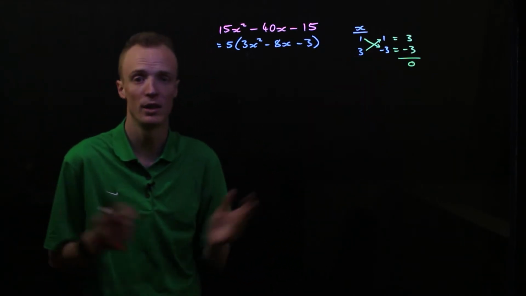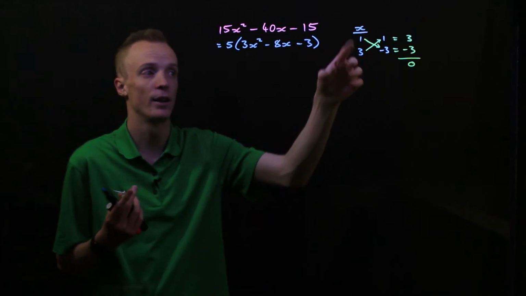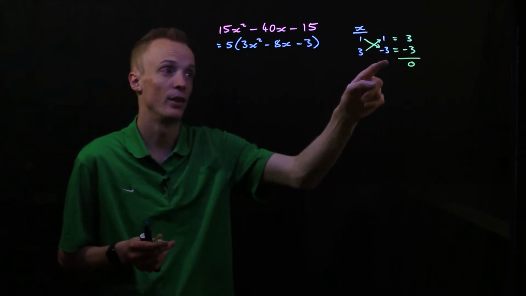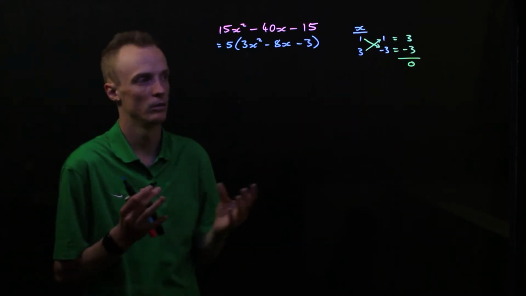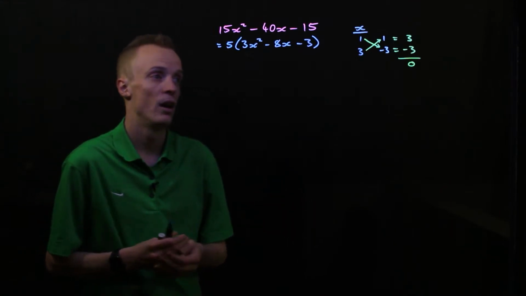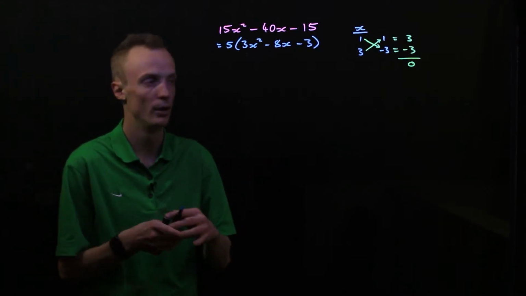So there's two things I can do. I can either change the different factors that I've got, or change the sign of my factors in the second one. That could work. Or I could change the order that I've written them. And that's where I'd always start personally.